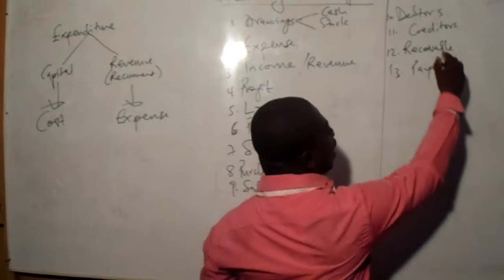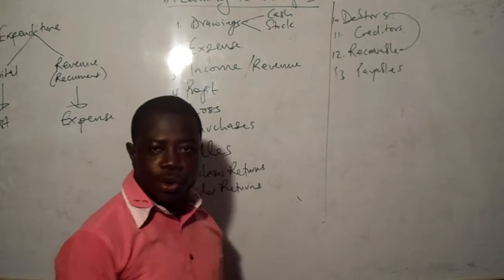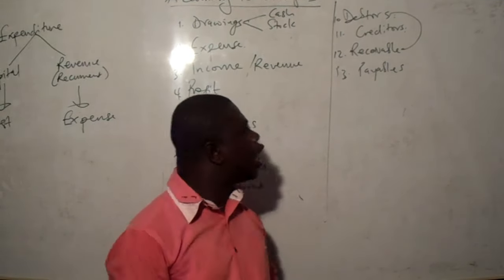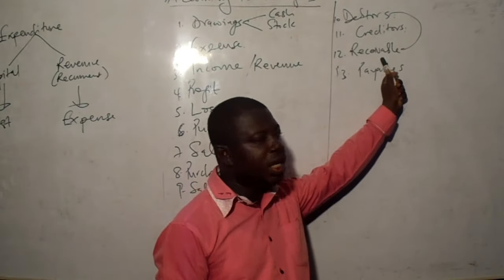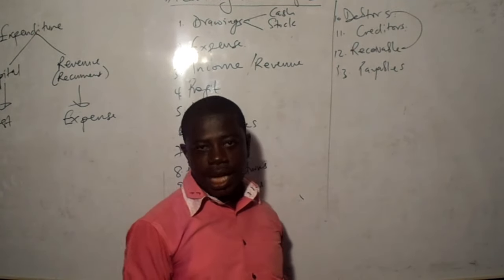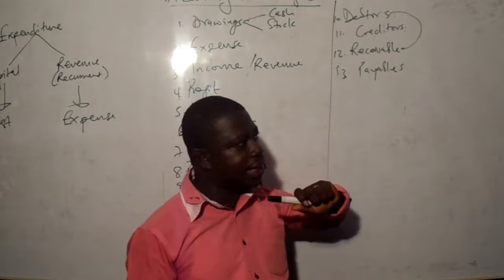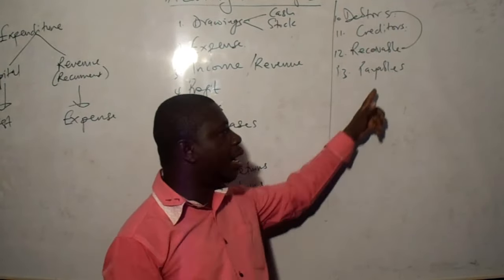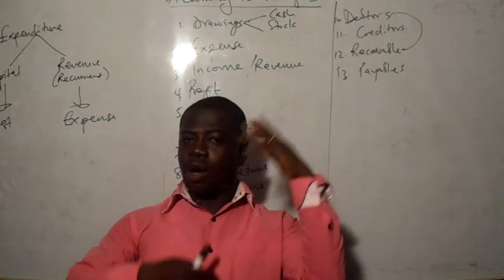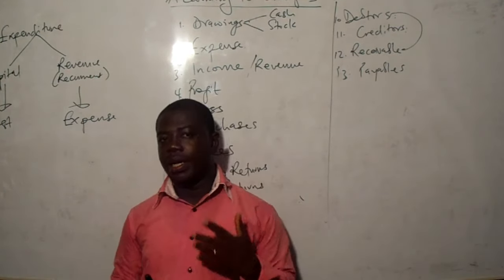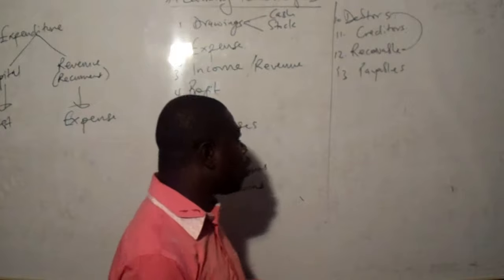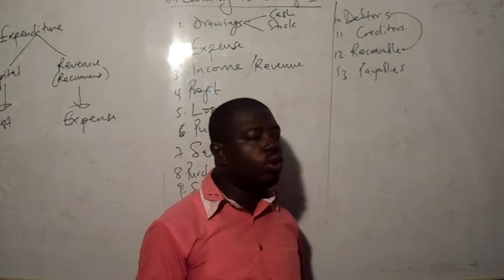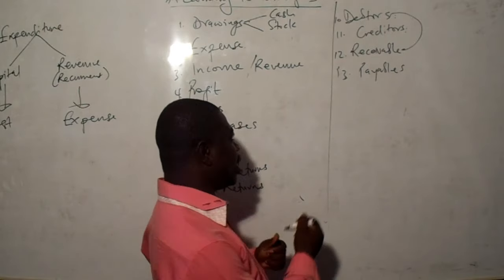What the debtor owes is called receivables. I told you earlier that when we are preparing financial statements, we prefer to say receivables for assets rather than debtors, because the human being is not your asset, but the money that is with him is your asset. And payables refers to the money that we owe to the creditors. That is what we call payables. And we have trade and other payables. We will look more into that when we are preparing financial statements.